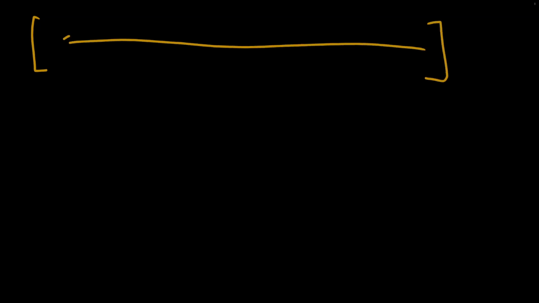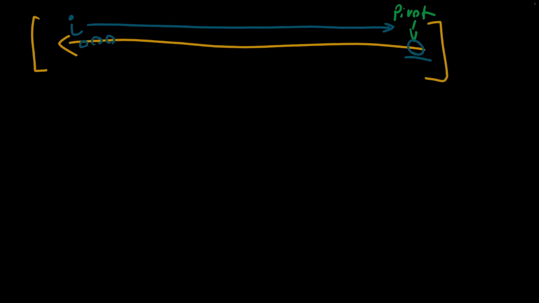Say we have an already descending piece of data and we wish to sort it in ascending order. If we choose the pivot to always be the last element, i here is going to have to make the journey all the way over to the right, swapping elements, but it's only going to be swapping with this pivot. j here can't really do anything. j here is just going to be sitting here, and we're going to read all n elements.